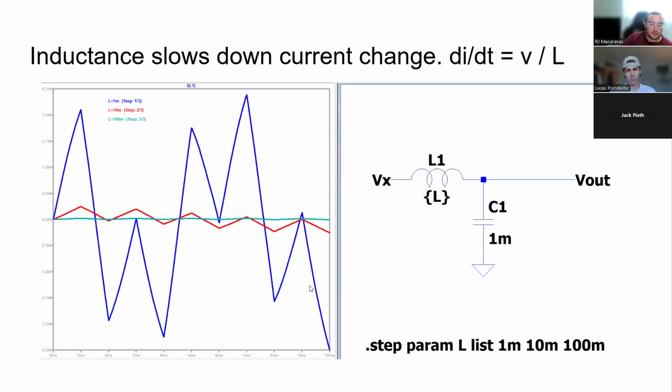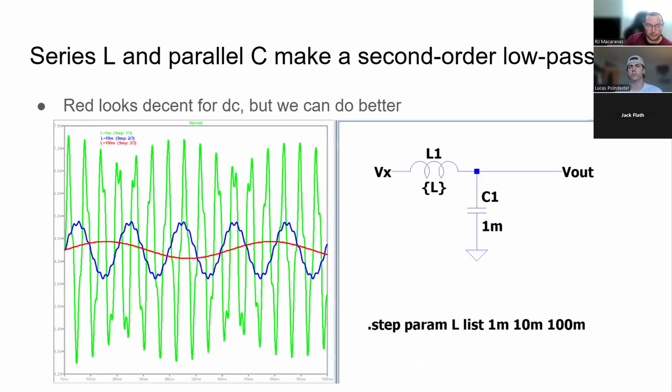And likewise, the inductance slows down the change in current. So here I'm stepping from 1 millihenry up to 100 millihenry. And once we get to 100 millihenry, we've effectively got no change in our current, and that's kind of what we want. We don't want it to be changing just because the switch node voltage is changing.